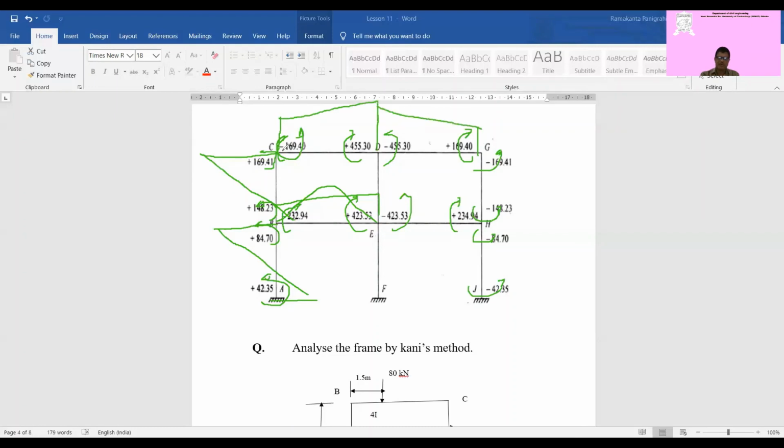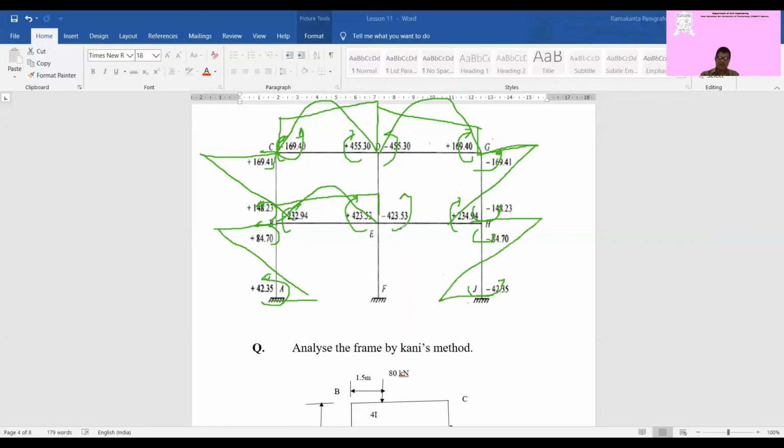So you have to superimpose the bending moment diagram. Similarly, here minus means negative here. And here it is minus, means positive here. Again here it will come like this.